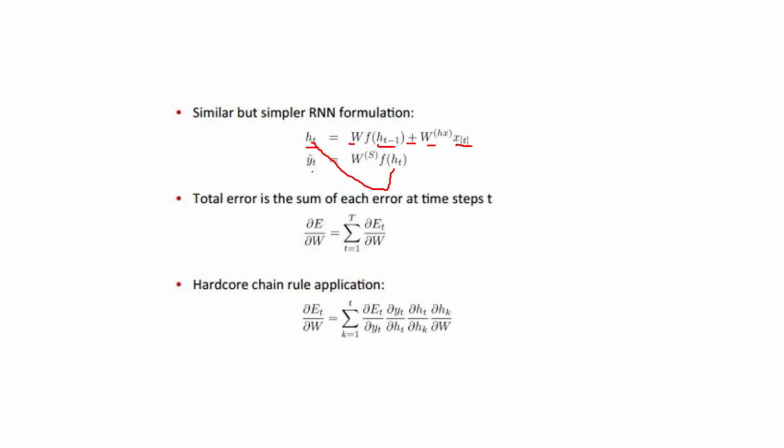So once I compute my yt, I'll check what my loss is. And how do I compute my loss? I'll find the derivative of the loss, that is the error, with respect to my weights. Here we have seen that three weights are available, that is u, v and w.